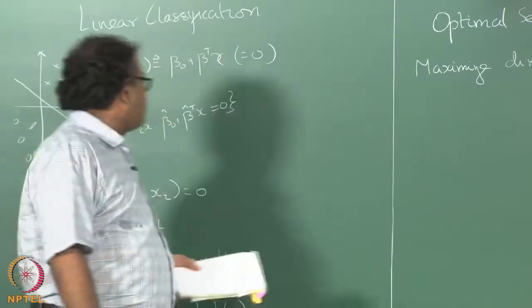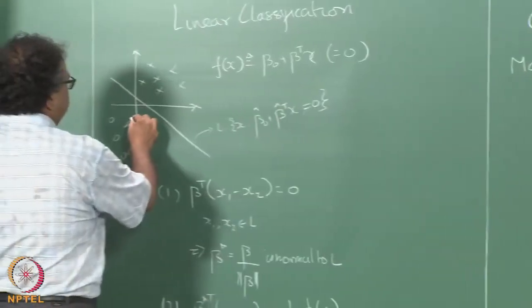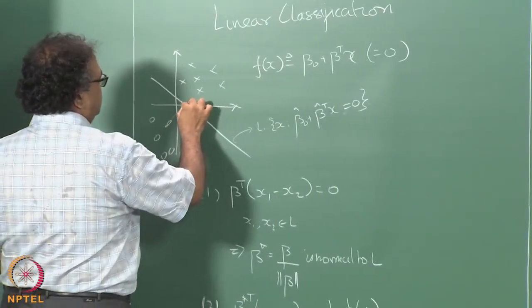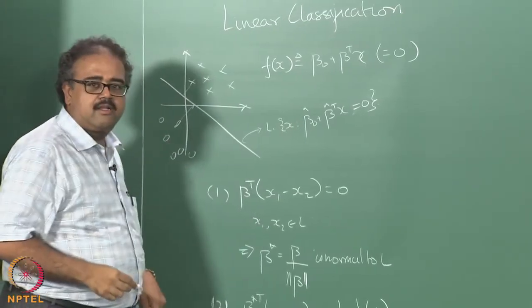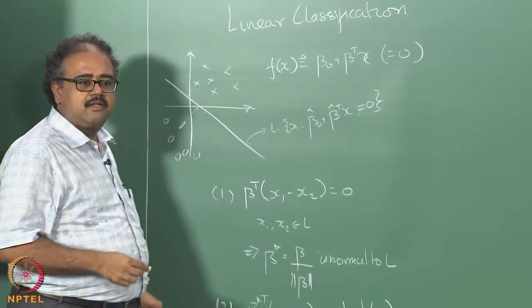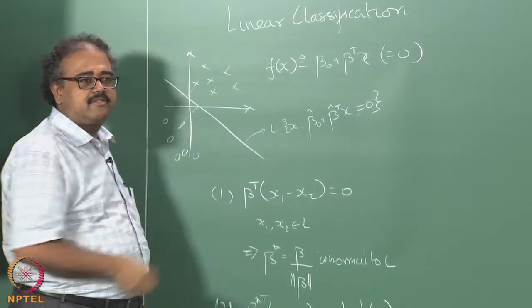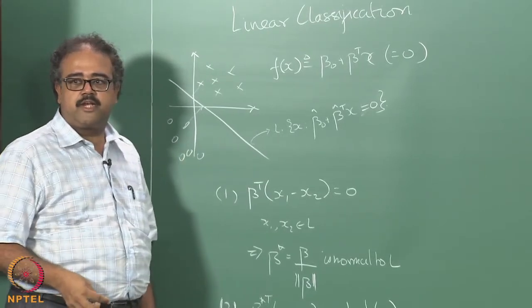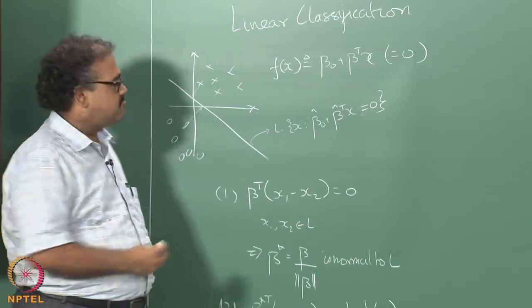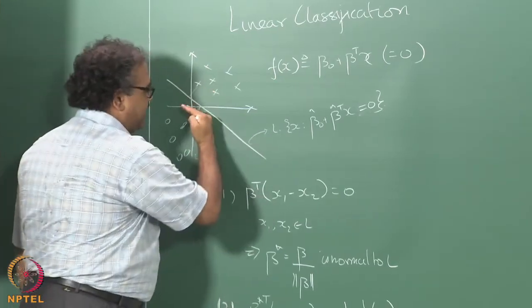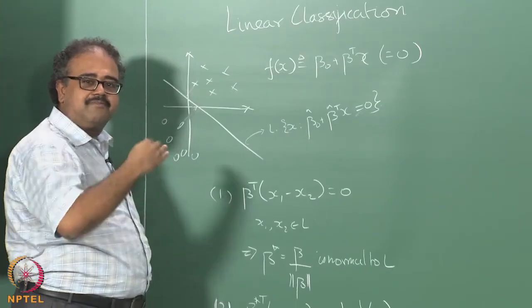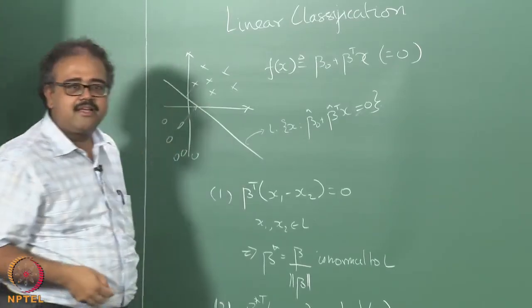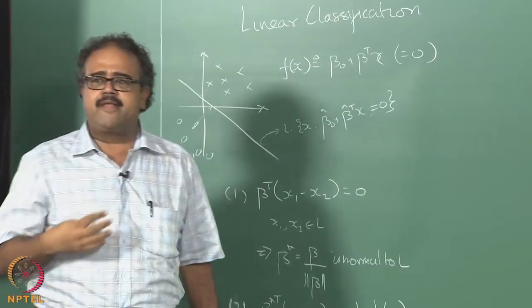If you think of this data, this is close, but this is closer. If I want to maximize the distance of the closest point, what should I do? Move it like that or like that, somewhere farther away. How much farther away can I move it?